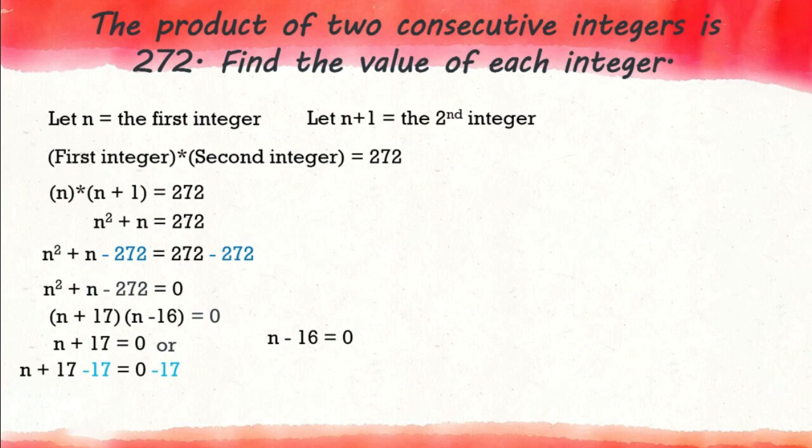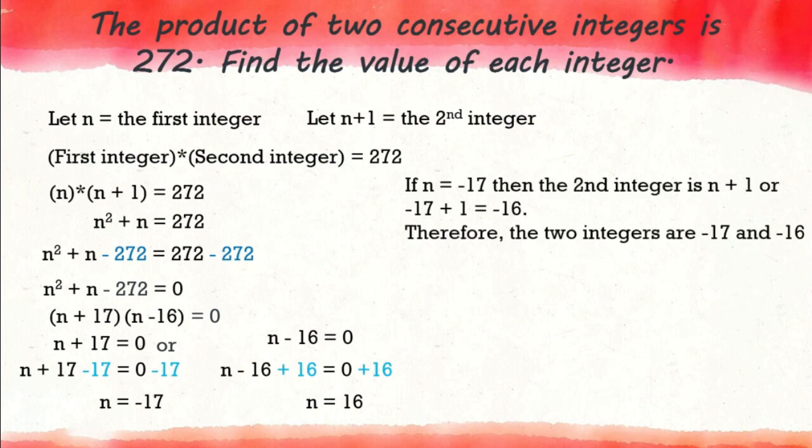Simplify, so we will have n equals negative 17. The second factor, we have n minus 16 equals 0. Let us have additive inverse property. Opposite of negative 16 is positive 16. So add on both sides. Simplify, so we have n equals positive 16.